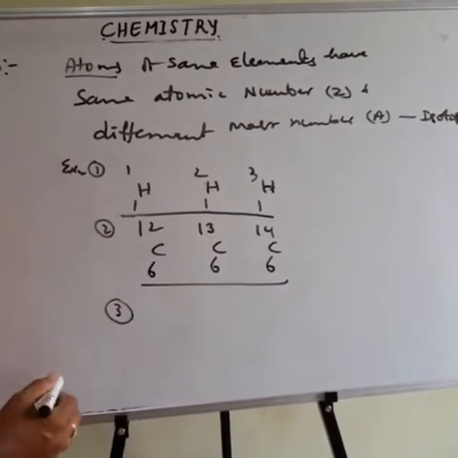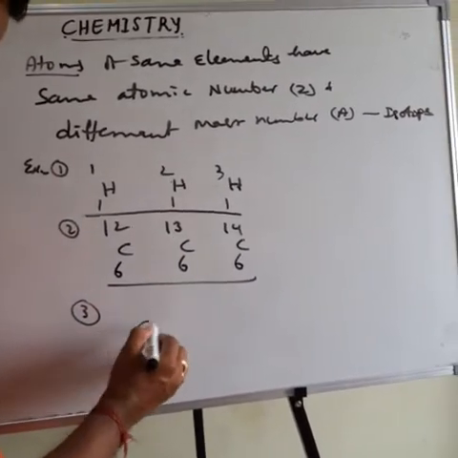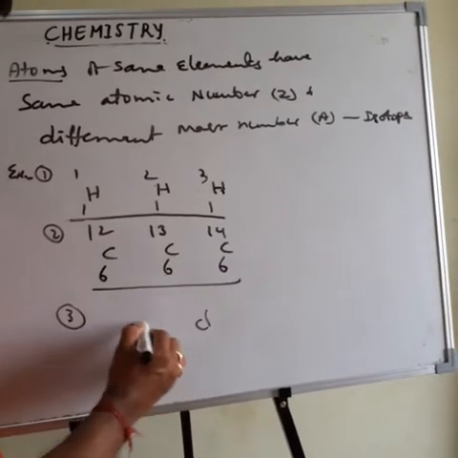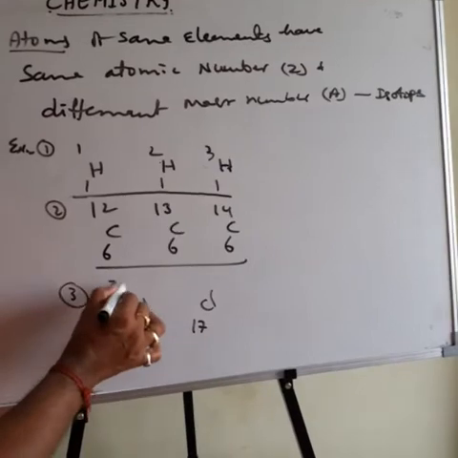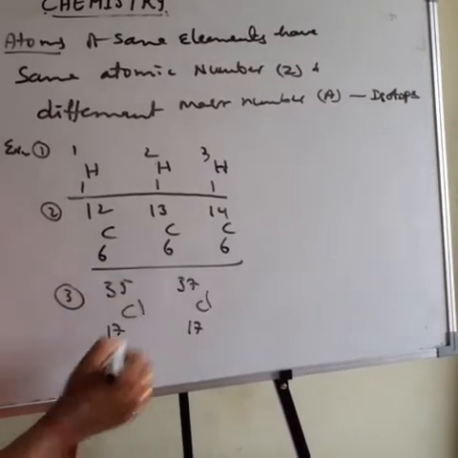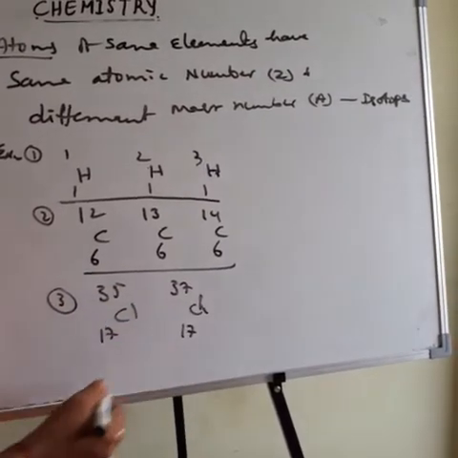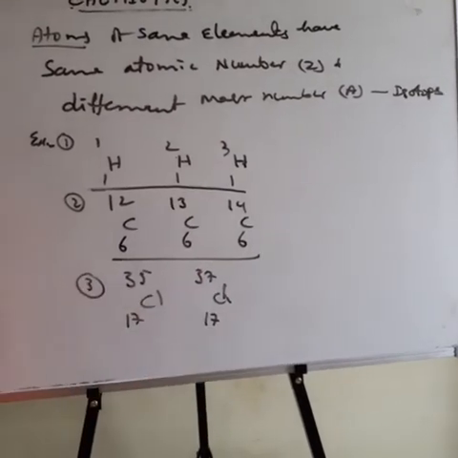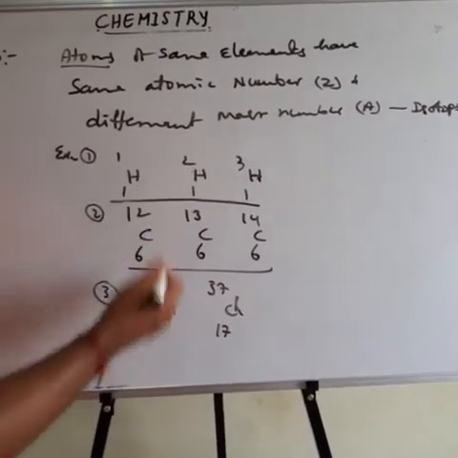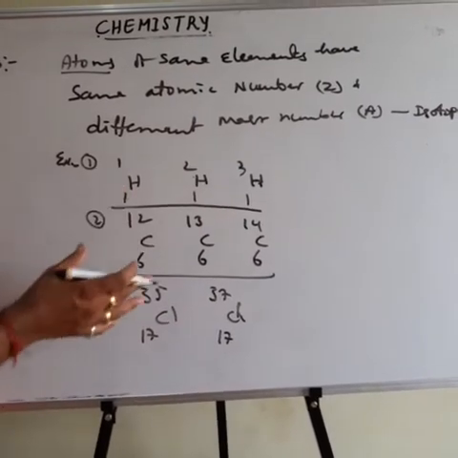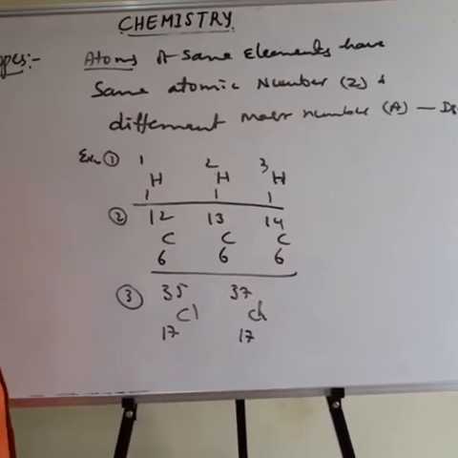Next, example 3 is chlorine: atomic number 17, 17, mass number here 35, here 37. Chlorine isotopes: atomic number same, mass number different. Like that there is uranium too. So different examples are there, but these 3 are the general examples.